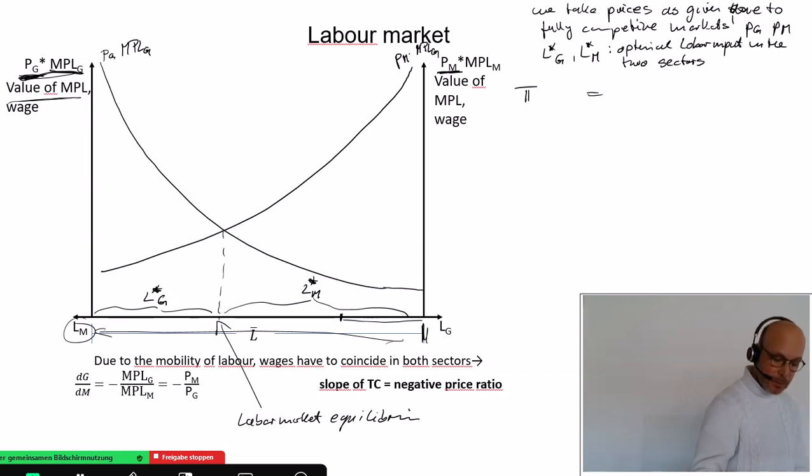So here we have, let's take the profit in the agricultural sector is the price in the agricultural sector times the amount we have produced minus our costs.